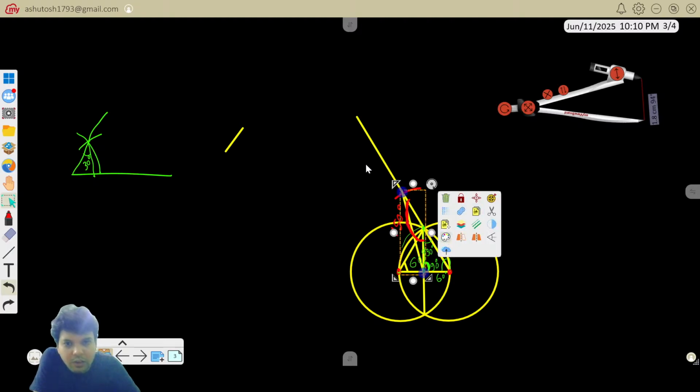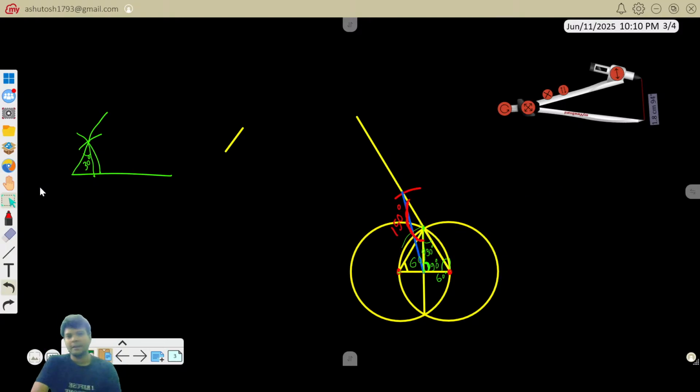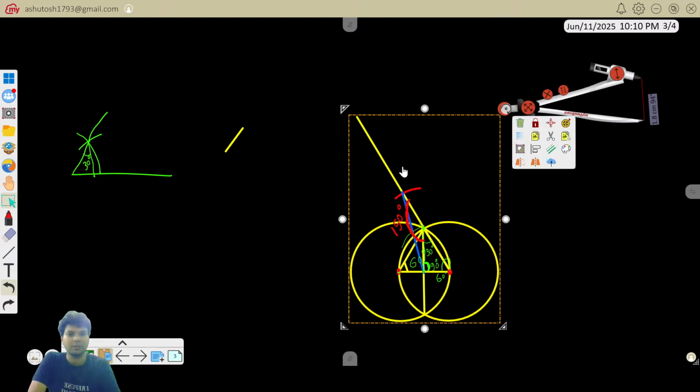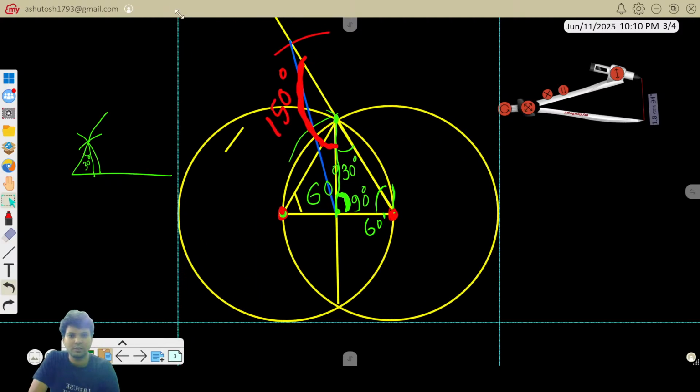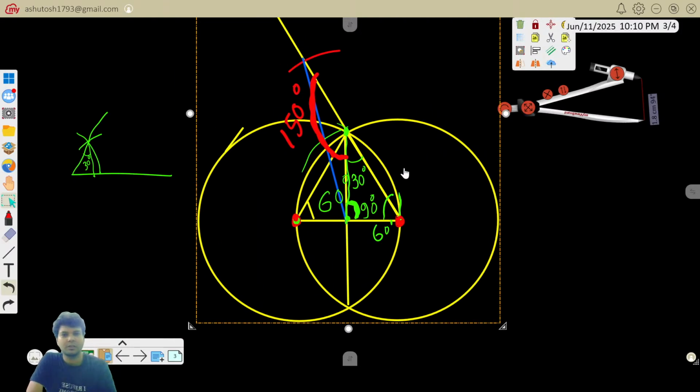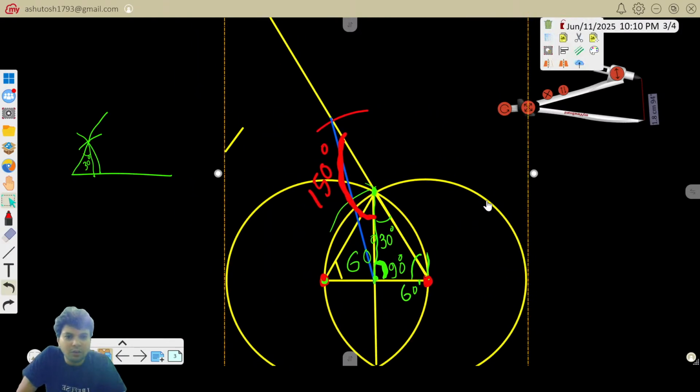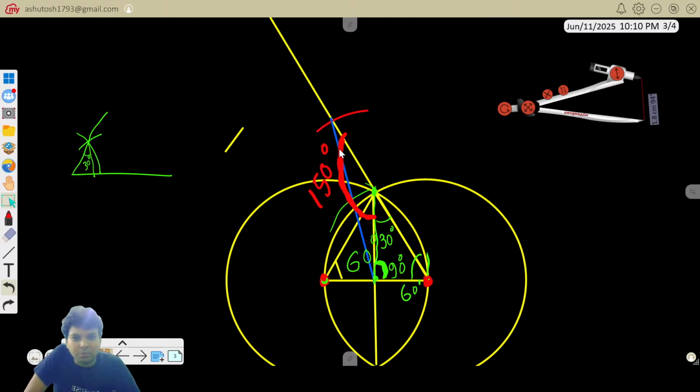Let's change this color because there are so many confusing line segments here. Now, what I'm going to do is enlarge this. Okay. And what you can see from here is that this angle is nothing but 15 degrees.